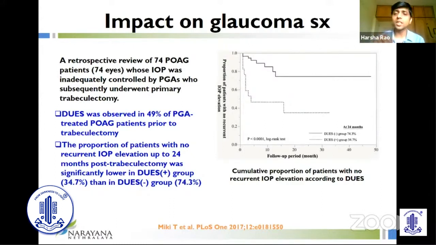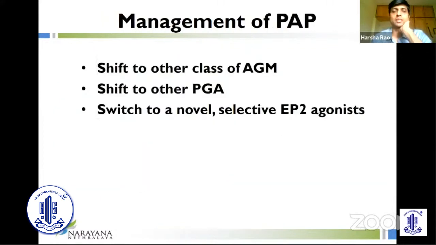So what it essentially meant is that the presence of PAP can adversely affect the outcome of trabeculectomy. There's a small retrospective study, and longer studies would definitely throw more light on this.